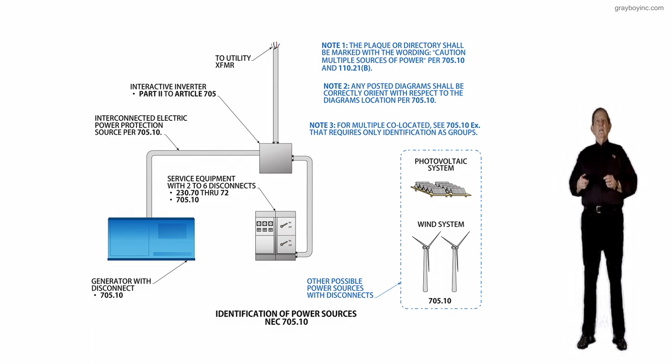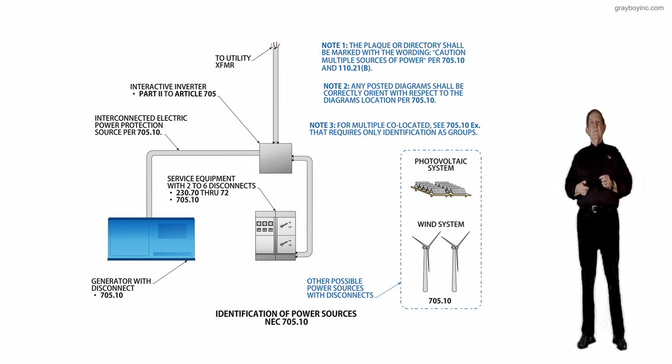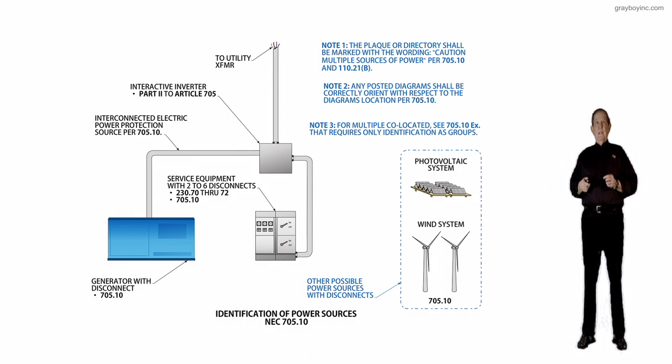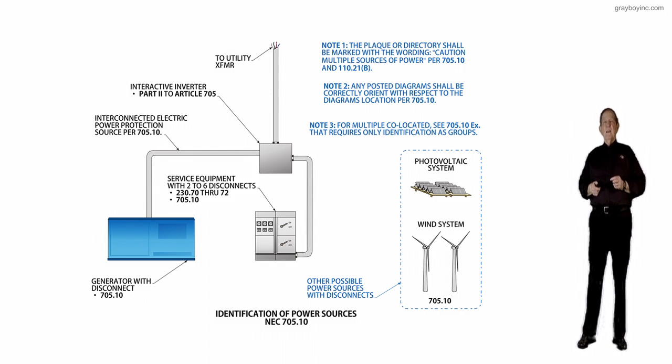And then notice the conduit or raceway feeder from the generator into your interactive inverter. The call-out that says interconnected electrical power protection now has to be provided in accordance with 705.10.